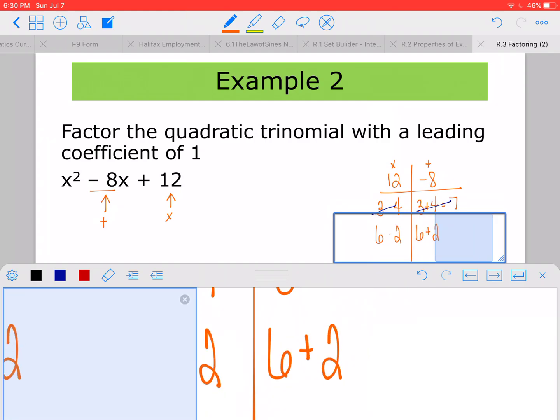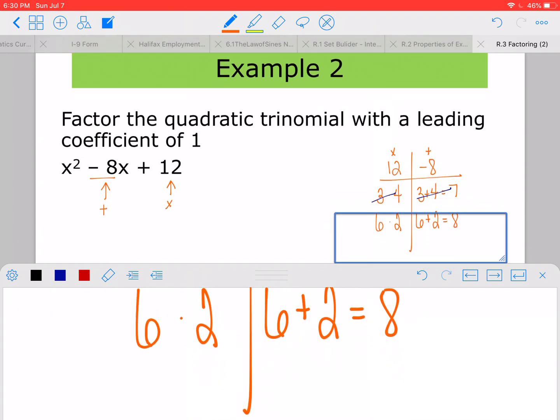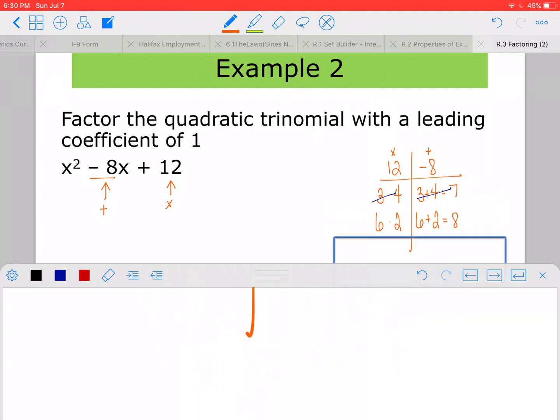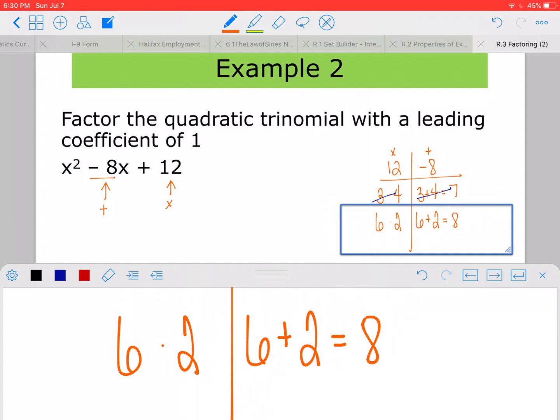Well, that's not quite there because we've got a positive 8. So that's not going to work, but we're closer.